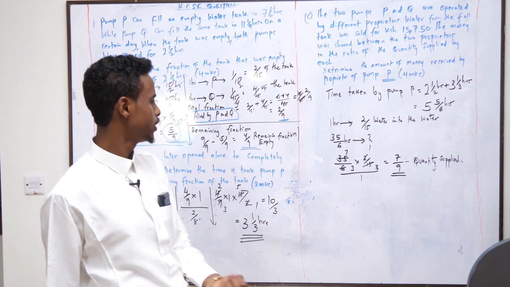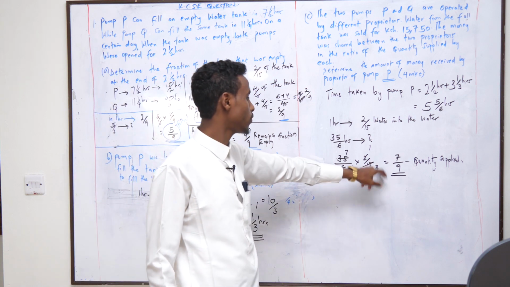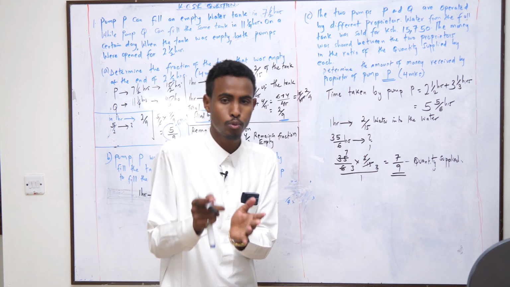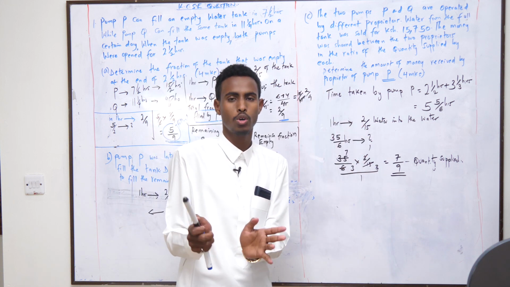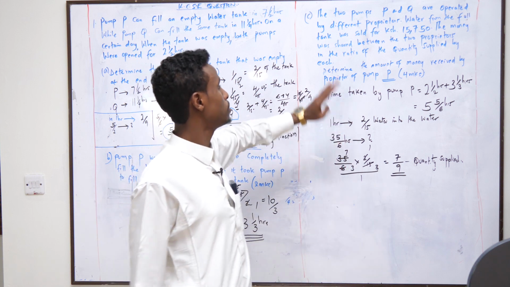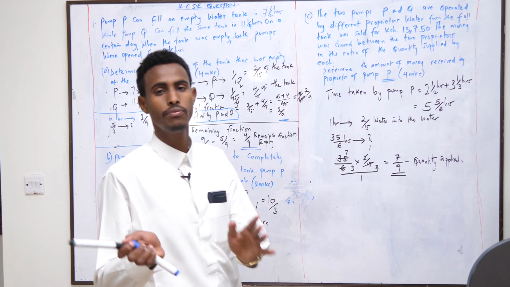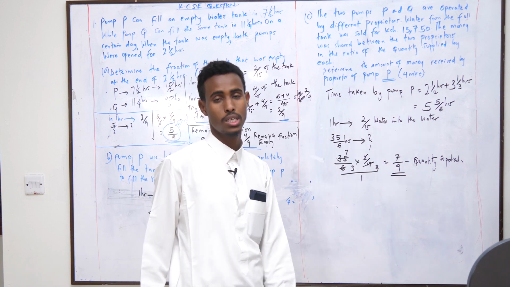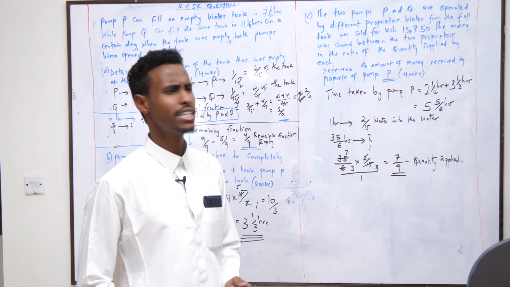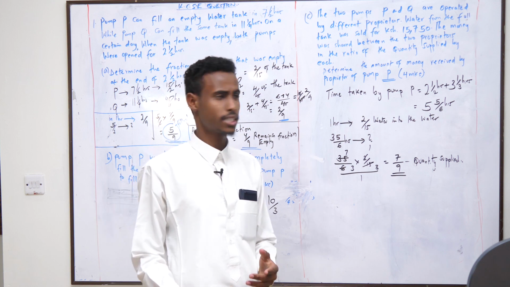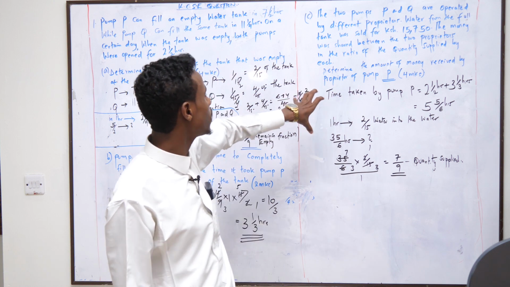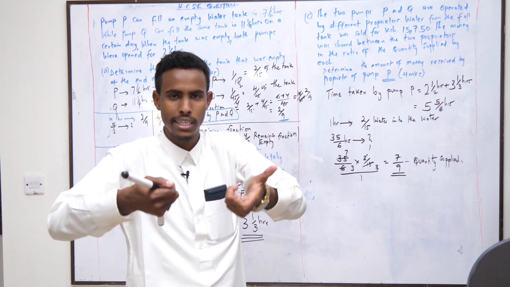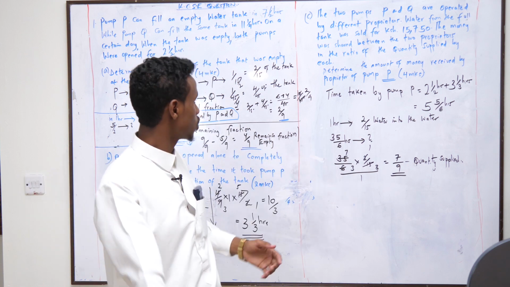And therefore class, this means 7/9 is the quantity supplied, and the 2 people who are pumping, the operators of pump P and pump Q, were given an amount of money totaling shilling 15,750. But this money was subject to the quantity of water that was being supplied into the tank. I want you to get this concept very right.